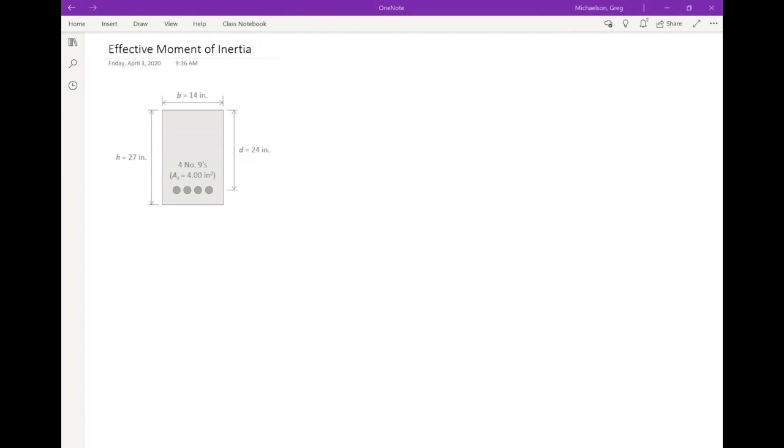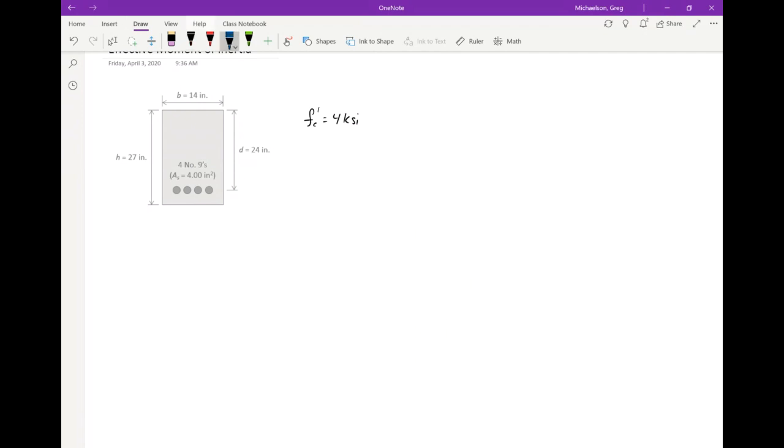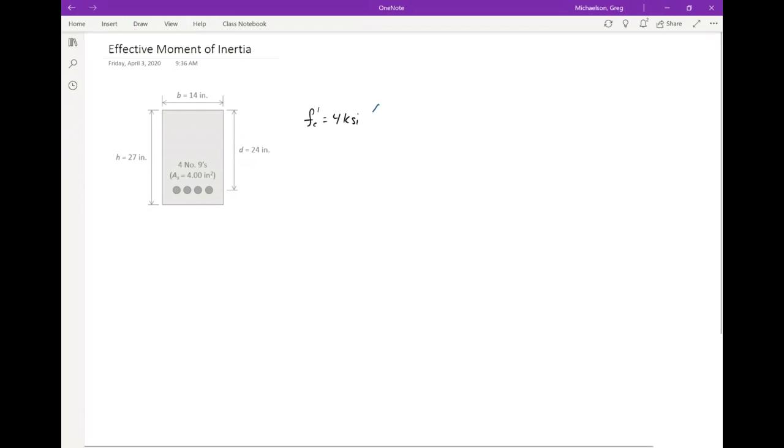Okay, so here's our problem, and if you notice here, I've got a lot of the values already chugged out for us. We have that FC prime was 4 KSI, and we know that it's normal weight concrete. So normal weight concrete tells us that lambda is 1.0.